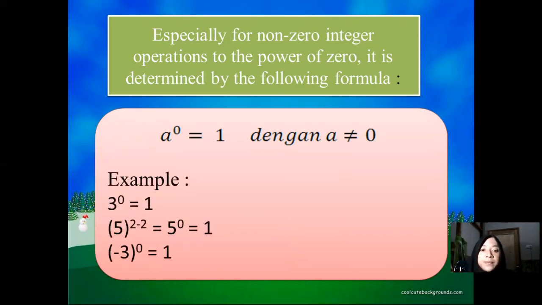Example, 3 to the power of 0 equals 1. 5 to the power of 2 minus 2 equals 5 to the power of 0 equals 1. And negative 3 to the power of 0 equals 1.